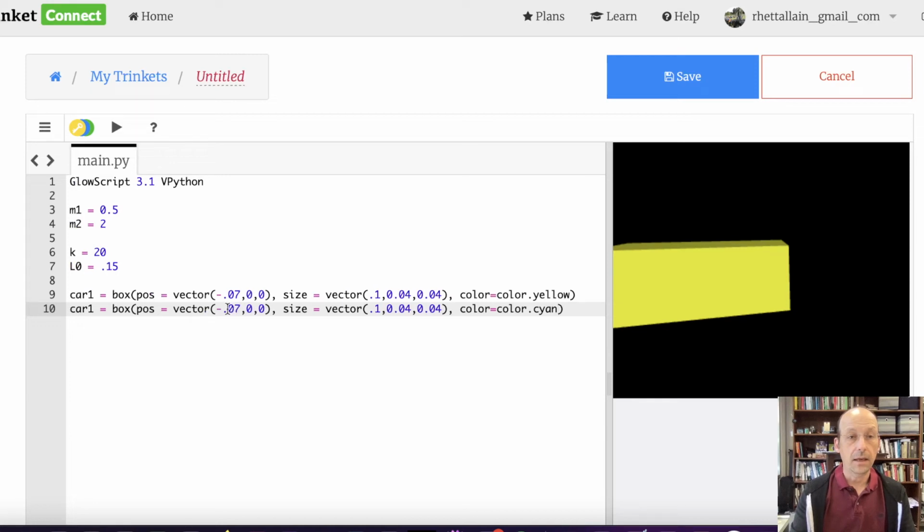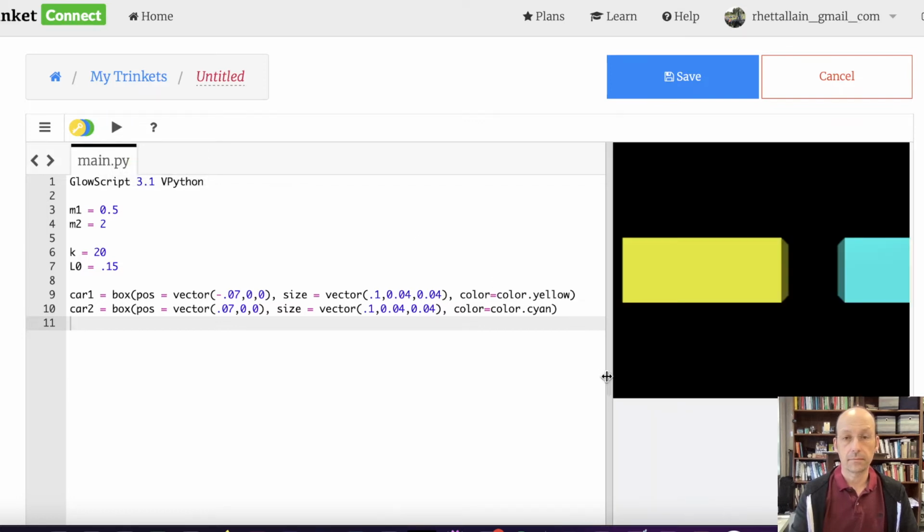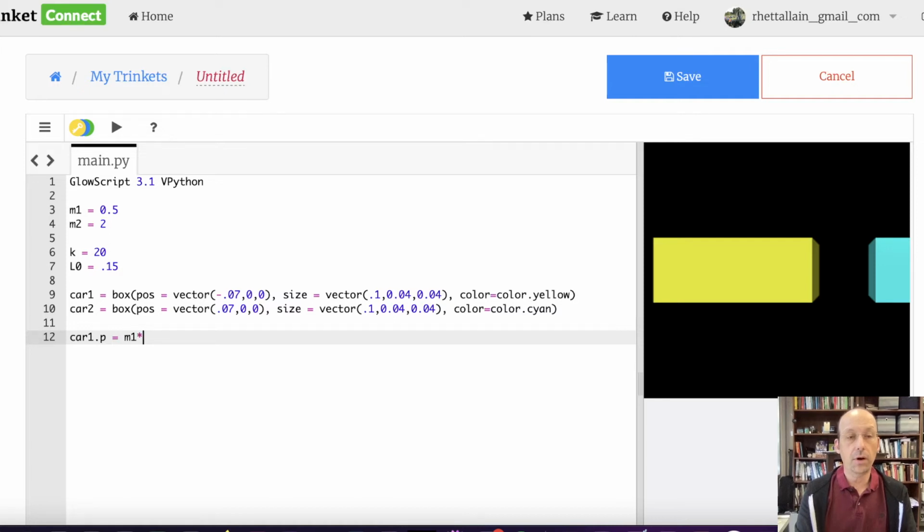It's going to be in the positive x direction. And it's going to be called cart2. And let's run that. Okay. There are my two carts. I'm pretty happy. Okay, now let's calculate L. L is going to be equal. They also need momentums. So cart1.p equals m1 times vector 0, 0, 0.